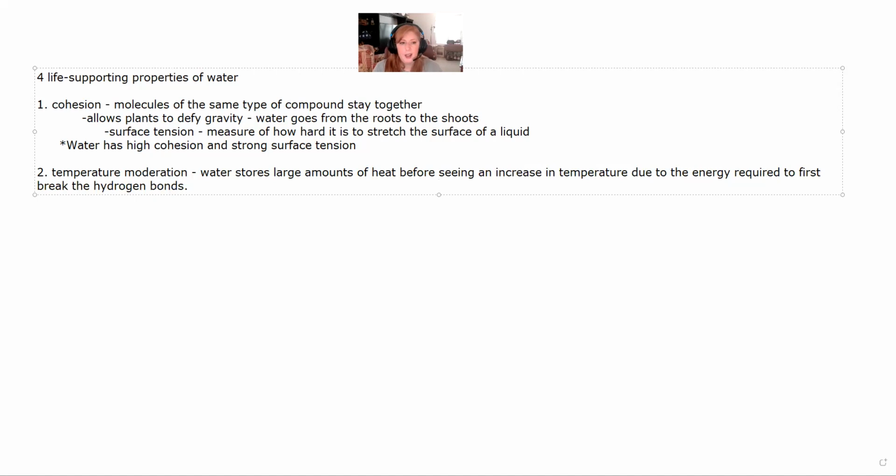Water stores a lot of energy, so it can take on a lot of heat before the temperature rises. And that's because of those hydrogen bonds we talked about. Now I'm going to kind of show you how they work.